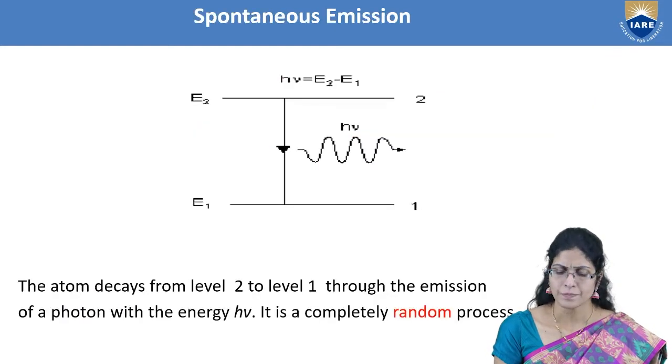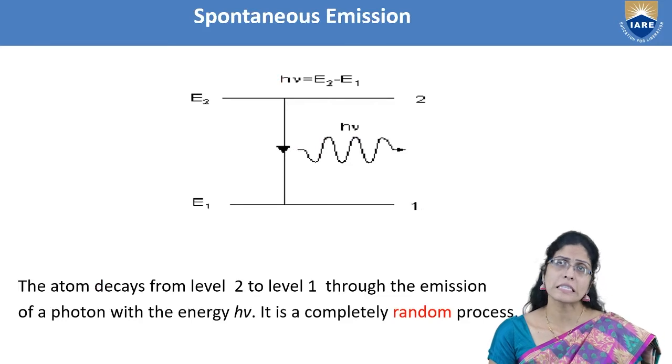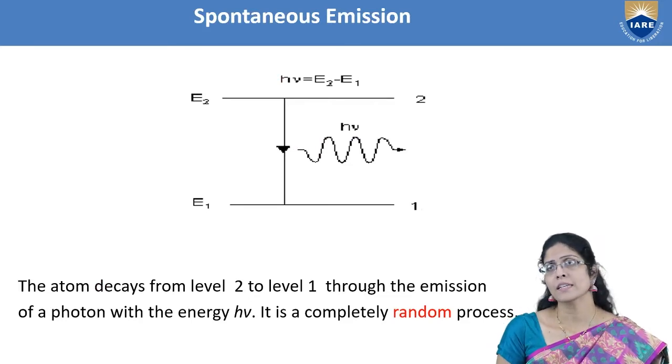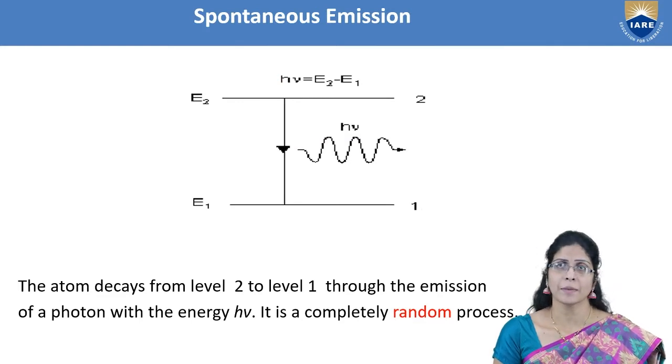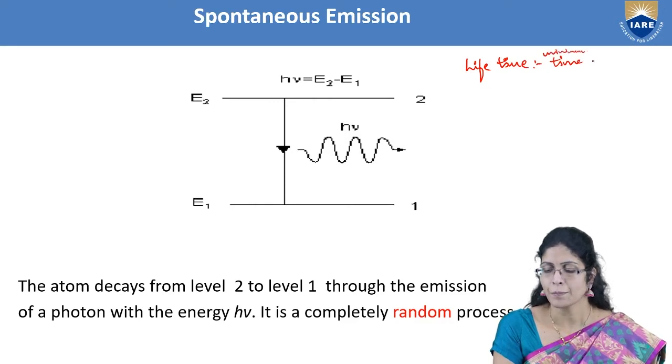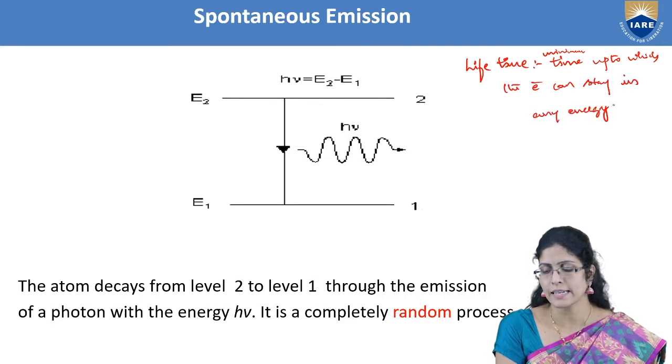There is a probability for this electron in the higher energy level to stay only for a certain time, which is its lifetime. What is the lifetime of a charge carrier? The minimum time or the shelf life up to which the electron can stay in any energy level is known as its lifetime.